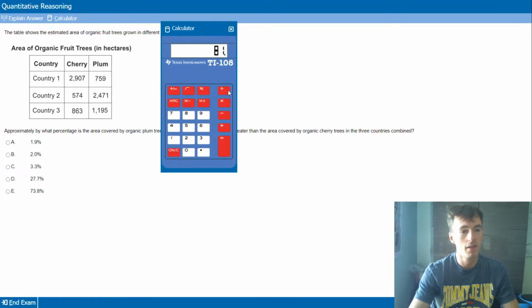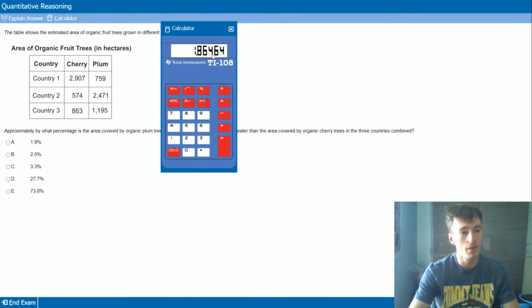And then we're going to divide that difference by the smaller number, 4,344, and that will give us the answer as the percentage as a decimal. To convert it to a percentage, we times it by 100. That will give us the answer as a percentage. So that's 1.86464%.